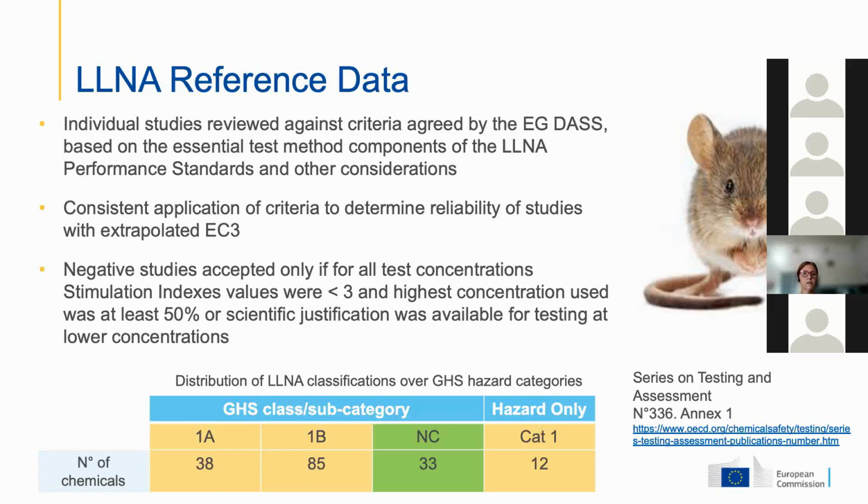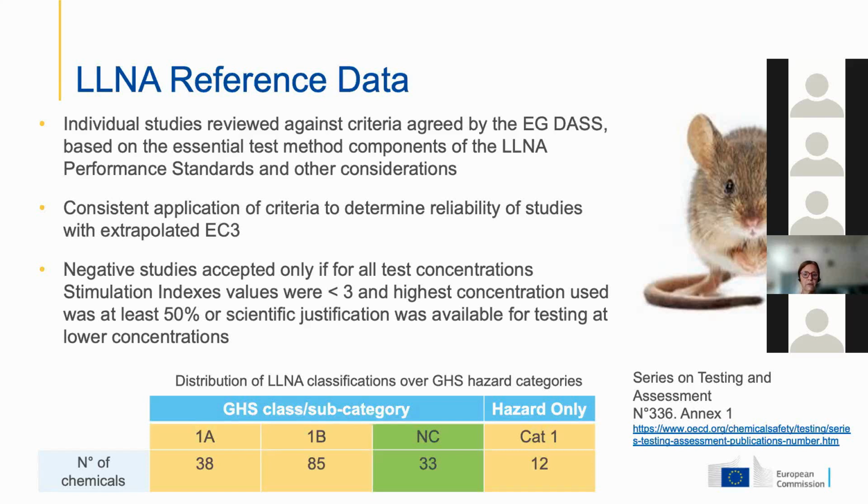Particular scrutiny was also applied to the negative studies, which were accepted only if the stimulation indexes for all test concentrations were below 3, and the highest concentration used was at least 50%, unless sound scientific justification was provided.